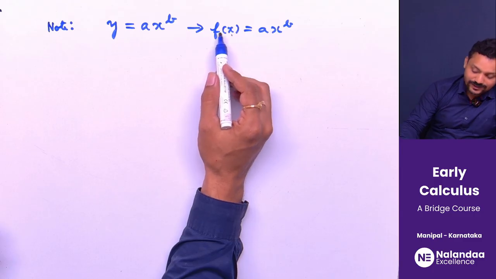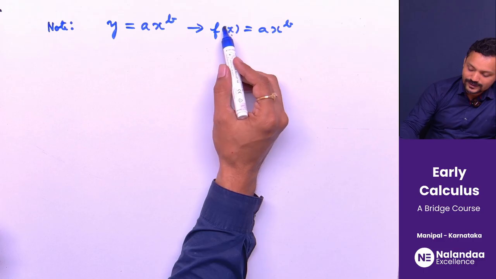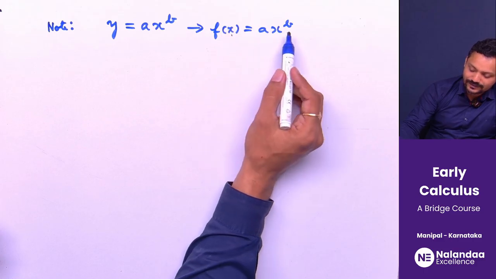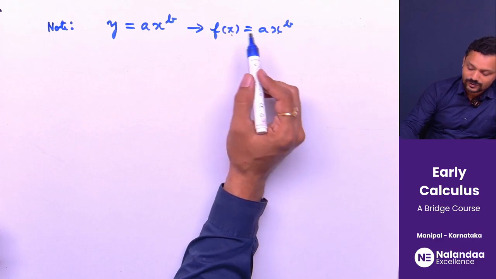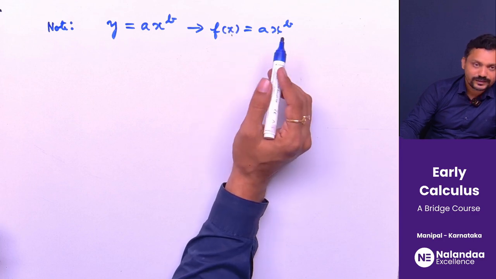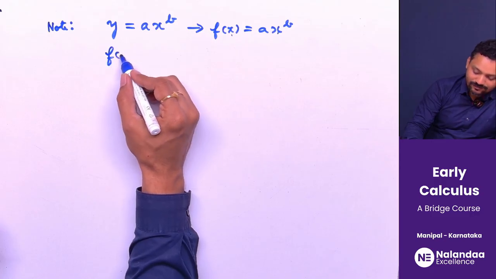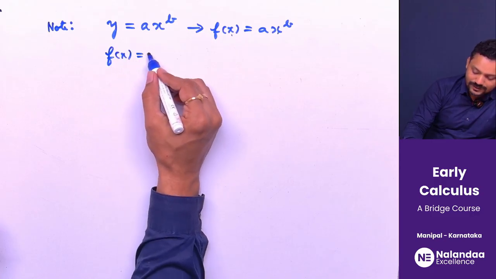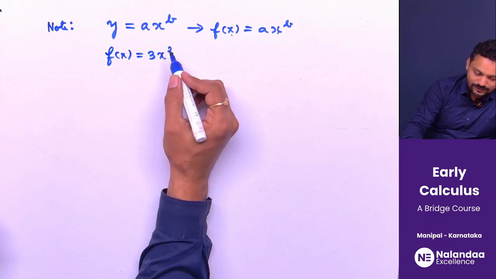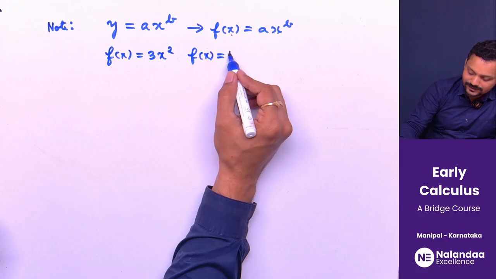So, this x here indicates that this is the variable. So, always the variable is written here. So, f of x is equal to a x power b. For example, we can write f of x is equal to 3x square, f of x is equal to 4x cube.